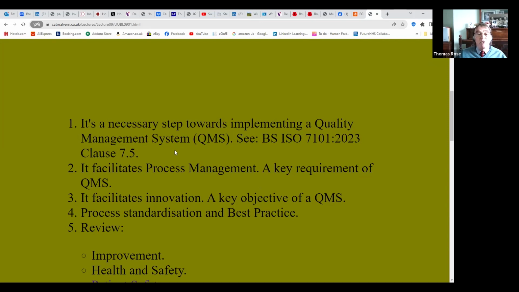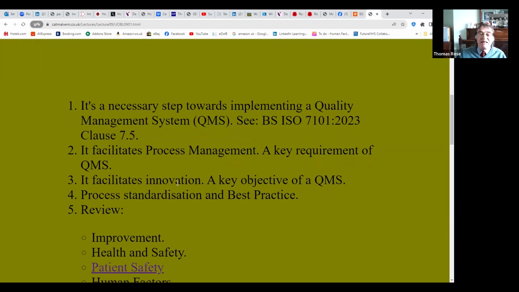And the clause that talks about documentation is clause 7.5. Okay, it facilitates process management. Now, process management is the sort of stepping stone to quality management, and it's a key requirement of a quality management system. And it facilitates innovation. People don't realize that, which is another key object of a quality management system.